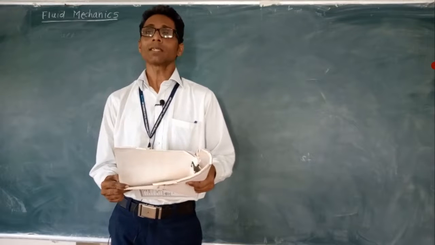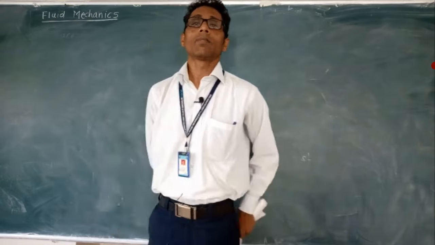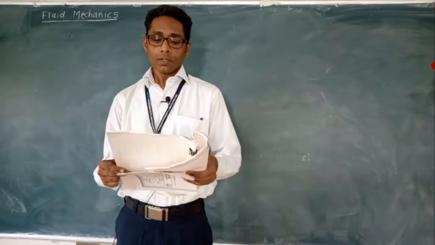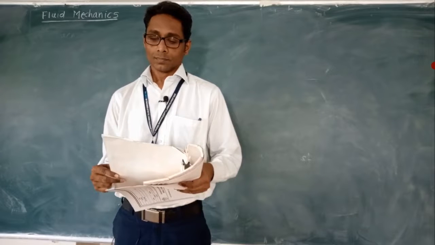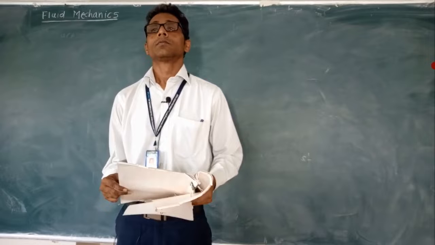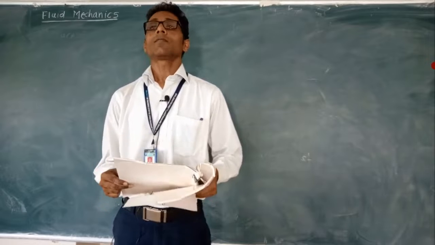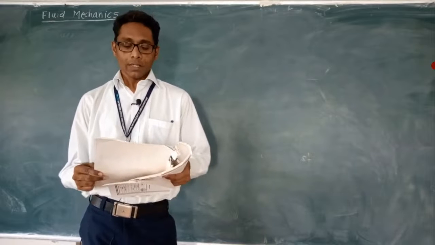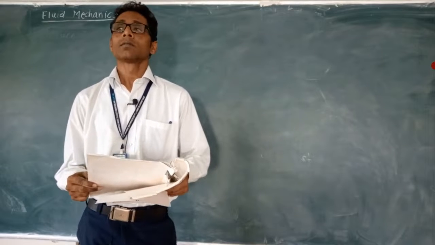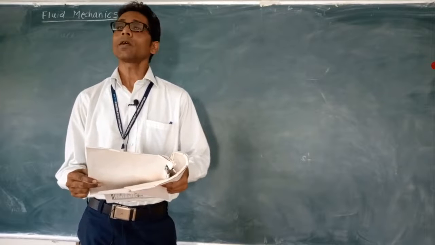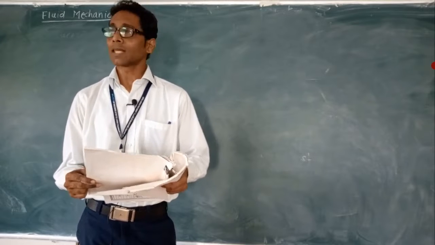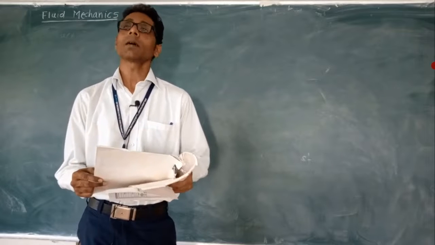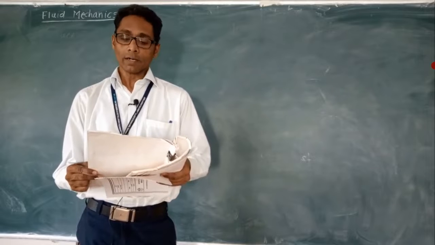Determine the metacentric height of the block of its size 2 meter into 1 meter into 0.8 meter. The size is what? Volume. Okay, so that is given 2 meter into 1 meter into 0.8 meter.